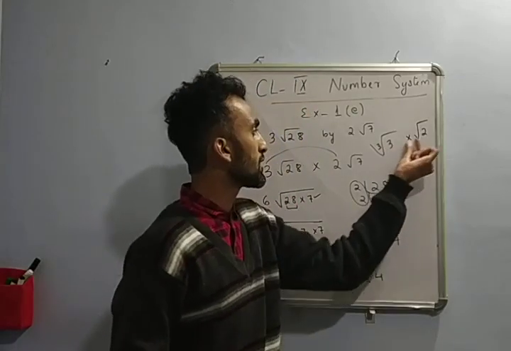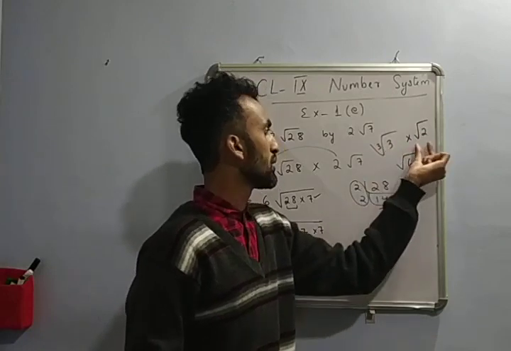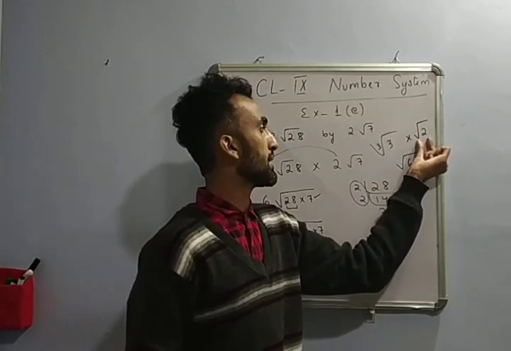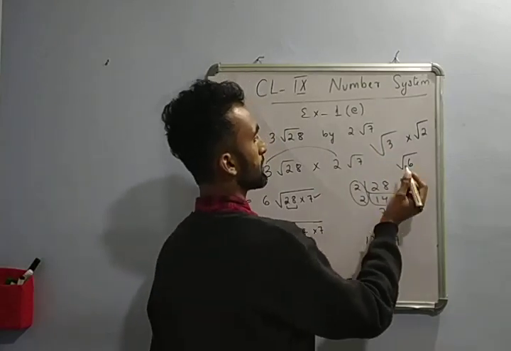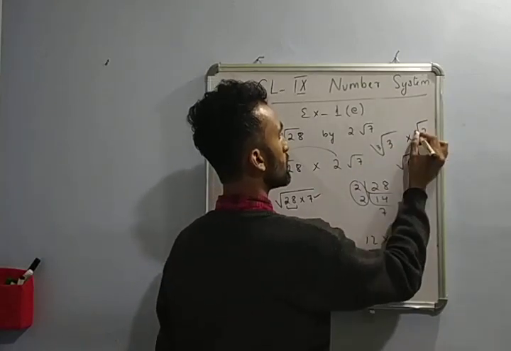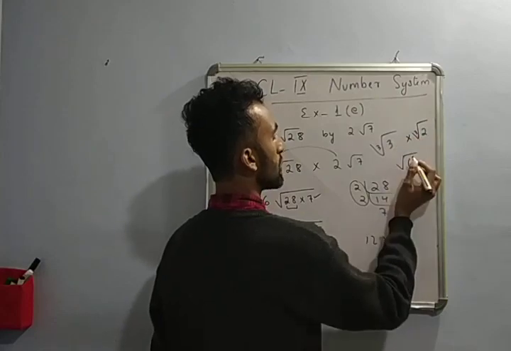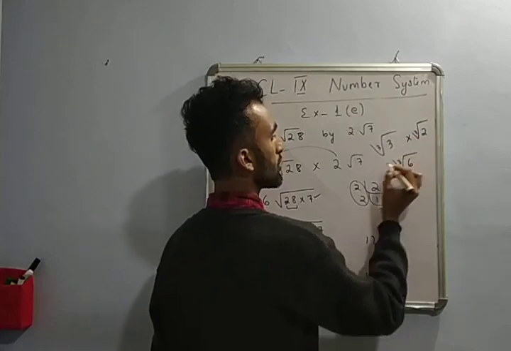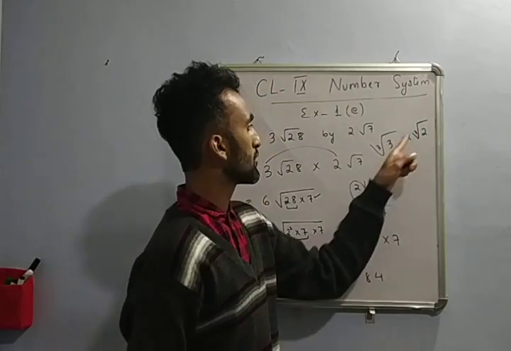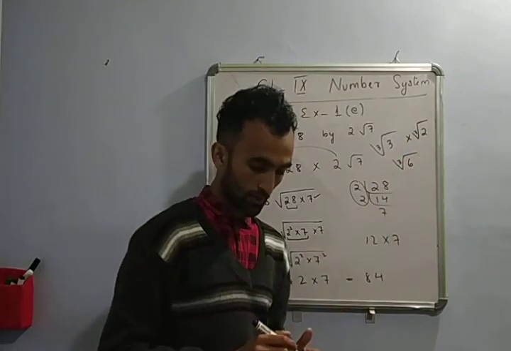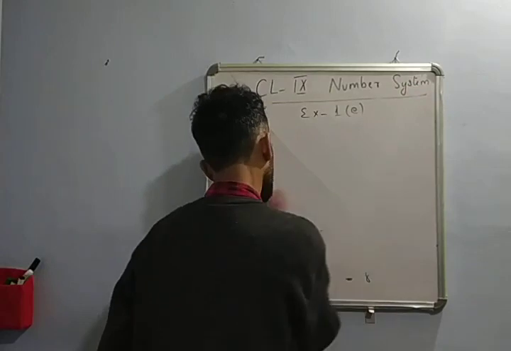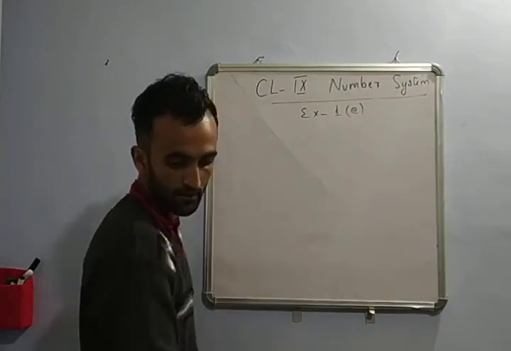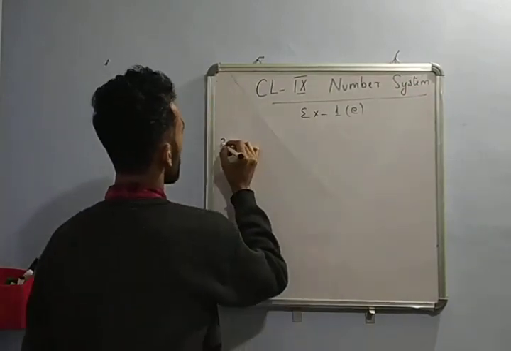You cannot multiply 3 to the 6. Why? Because this is cube root and this is square root. It cannot be done. Same root. Now suppose this is square root, it becomes square root of 6. Suppose this is cube root of 3, cube root of 2, it is cube root of 6. Like this you can do it. Next sum, divide. Question number 3, divide.